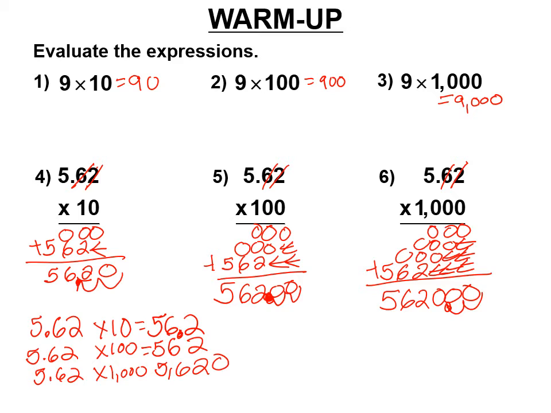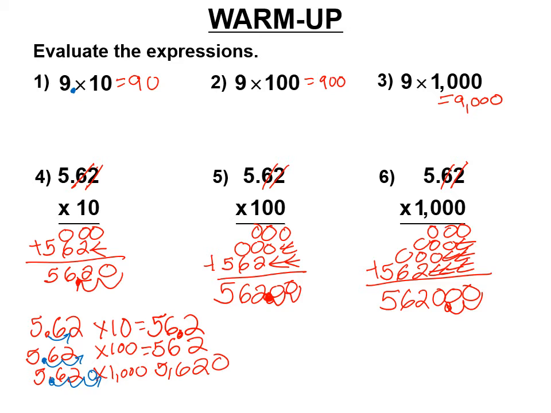What's going on? When you multiply by 10, you end up moving the decimal once that way. When you multiply by 100, you move it twice. When you multiply by 1,000, you move it 3 times, and we made an empty space, and now we add a 0. That's the actual rule for multiplying by 10, 100, or 1,000. And that's actually what was happening in elementary school when you were multiplying by 10. You didn't know the rule then.